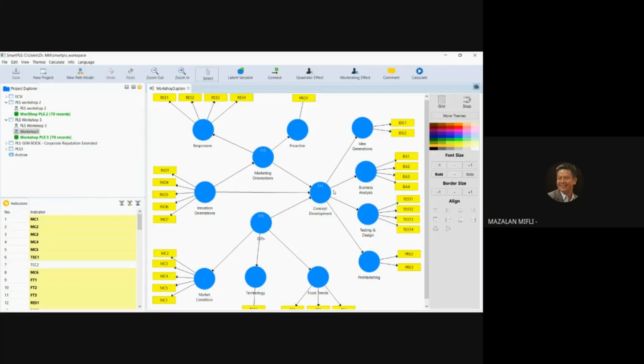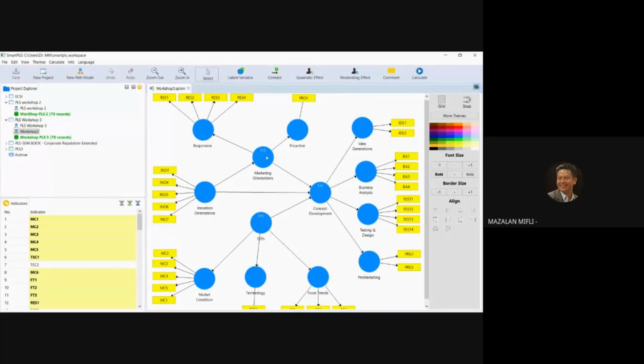So if you are doing research with this kind of decisions, I mean, this kind of layout of framework or theoretical framework, it should be run at the same time, because the factors need to be considered.